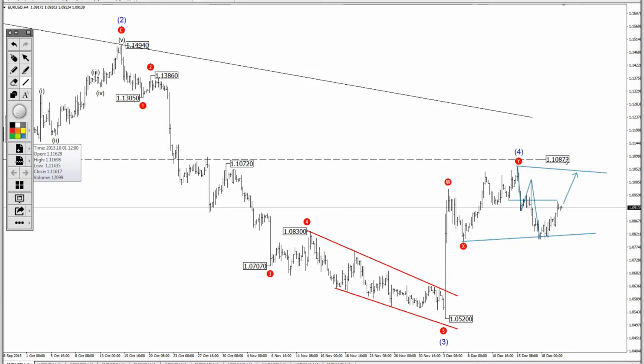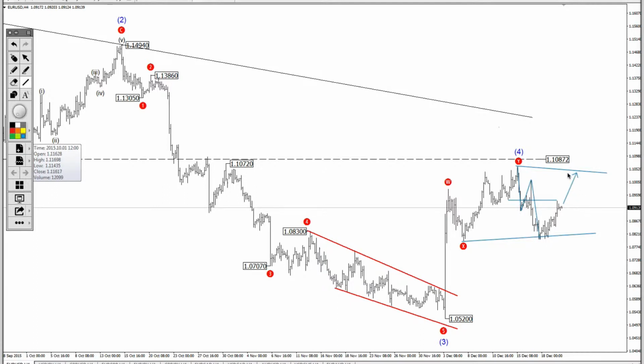This 110.87 level will be critical for this wave count. Remember that this is the minus wave 1 low. So if we violate this level, move beyond 110.87, then we have a different wave count on larger degree. So at this point, hard to say what to expect.